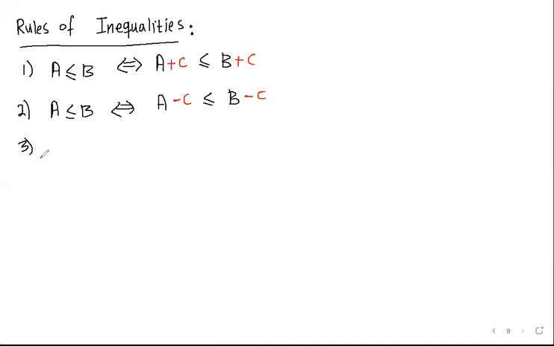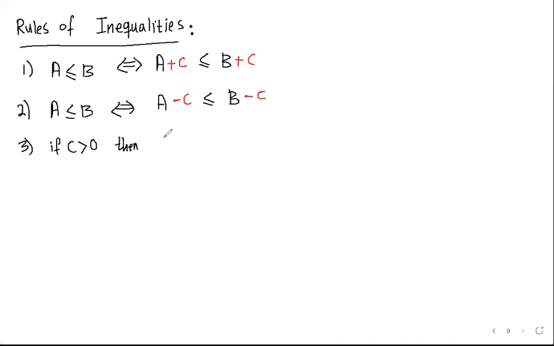Third one: if I have a positive number and I multiply it to both sides of the inequality, it gives me another inequality equivalent to the first one.